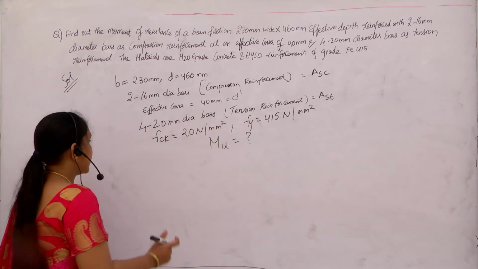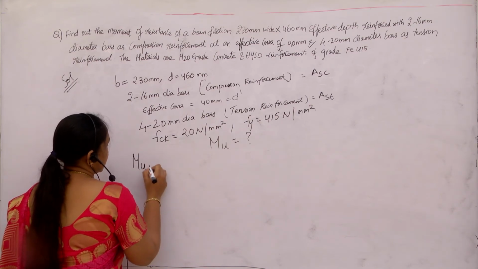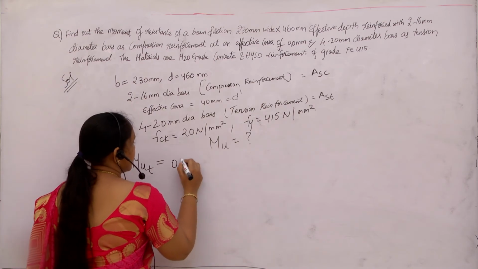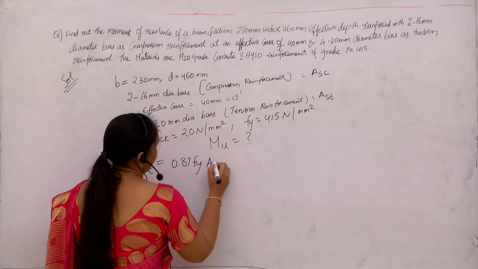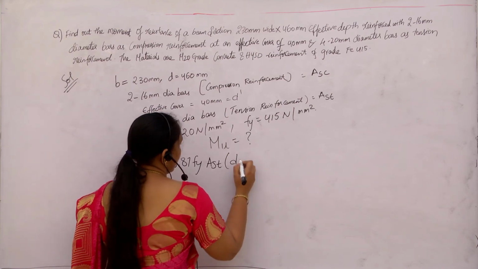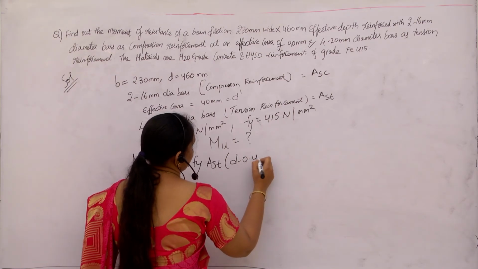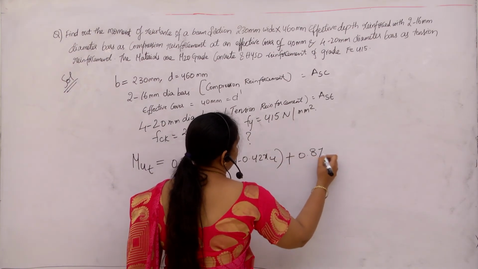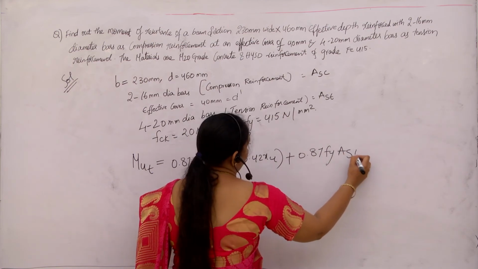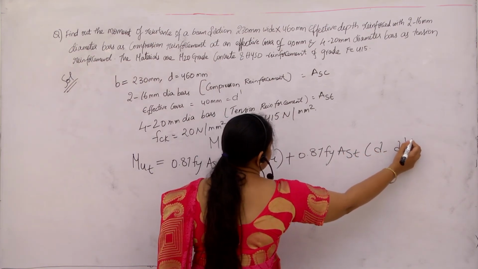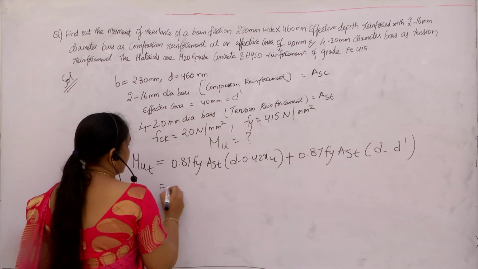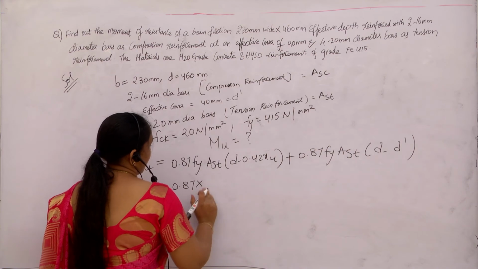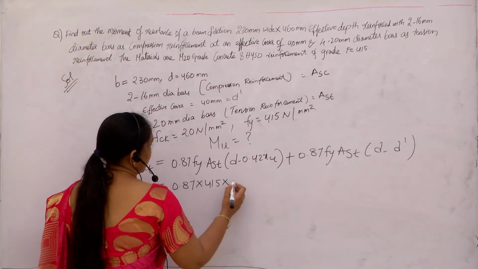Let us calculate the moment of resistance with respect to tensile failure. So it will be 0.87 Fy into AST into D minus 0.42 XU plus 0.87 Fy into AST into D minus D dash. So substitute all the values here. 0.87 and Fy is 415 into AST.